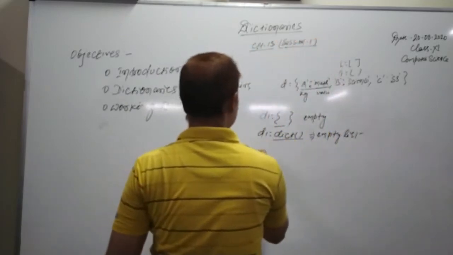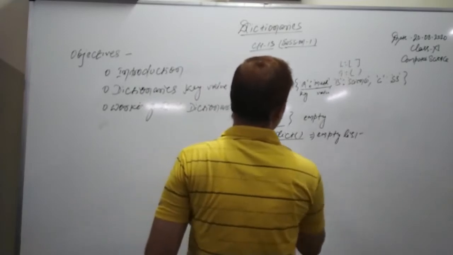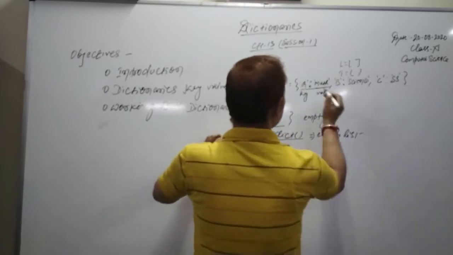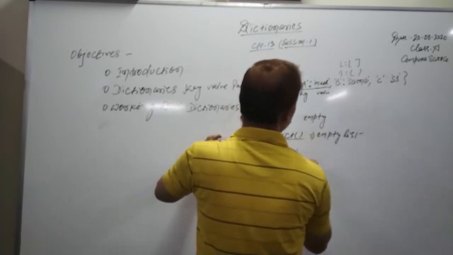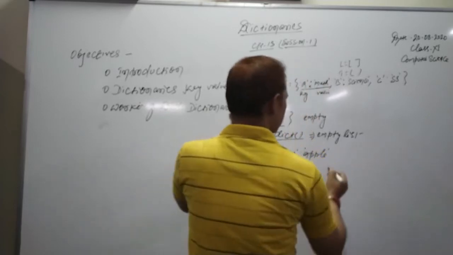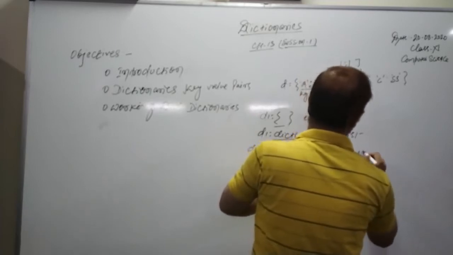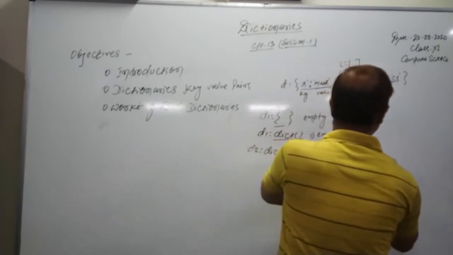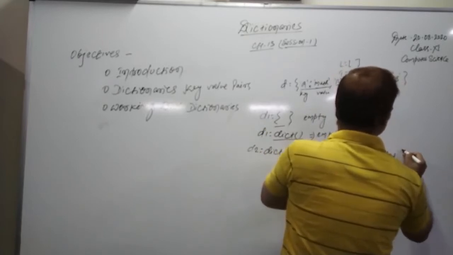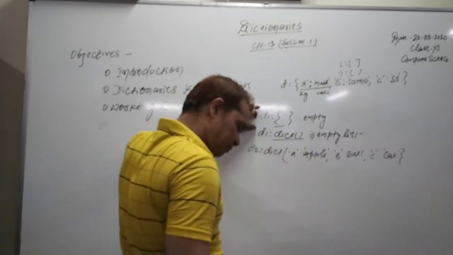So suppose D2 equal to dict, and since it's a method, inside this method you have to declare the key like A colon apple, and apple is also a string, then comma, then B colon ball, and again comma and C colon, suppose, cat. And likewise you can create any number of elements you want. And this is how to create a dictionary.